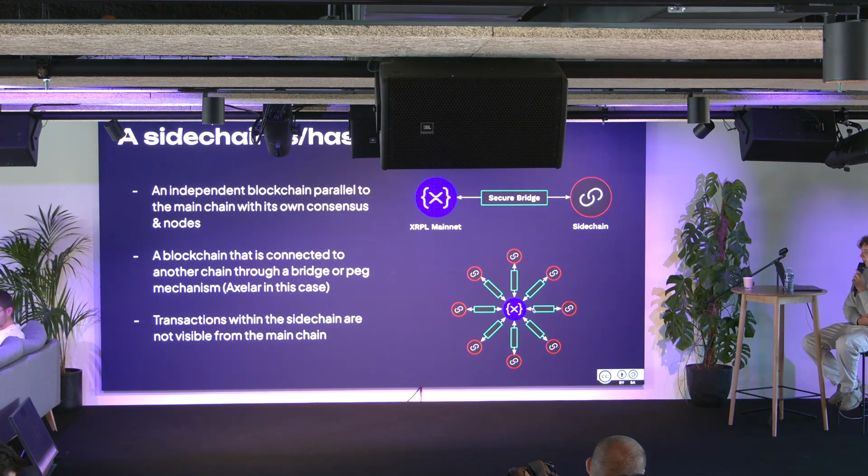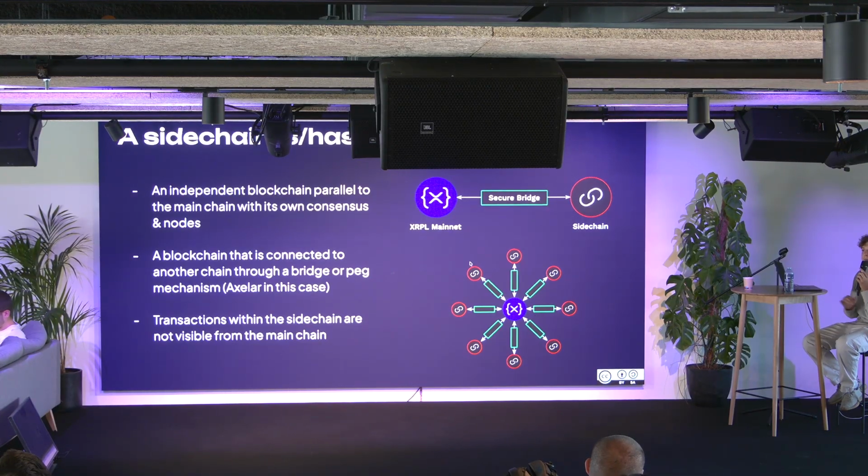And if you look at the ecosystem of blockchains today, most of the blockchains look like this, because when you integrate a bridge, then you kind of become a sidechain of the other chain. And as all the chains are kind of interconnected through bridges, you get this kind of mesh.